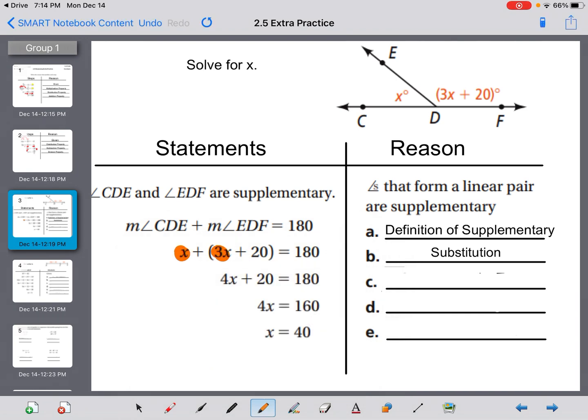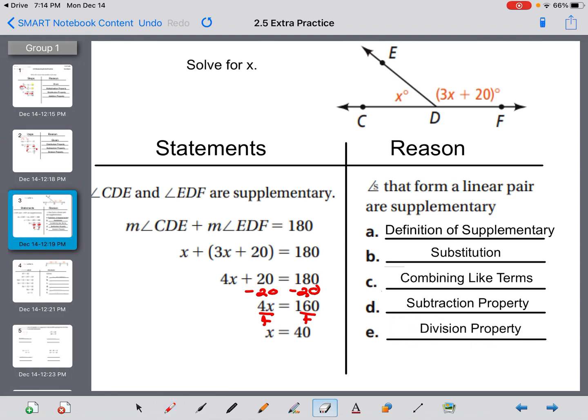They saw a 1x and a 3x makes 4x. So that's simply combining like terms. Okay, the rest is pretty elementary from here. We subtracted 20 on both sides, which is your subtraction property. And then they divided both sides by 4, which is your division property.